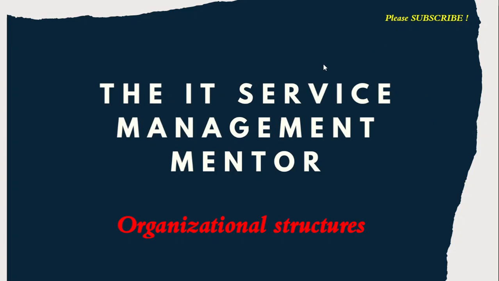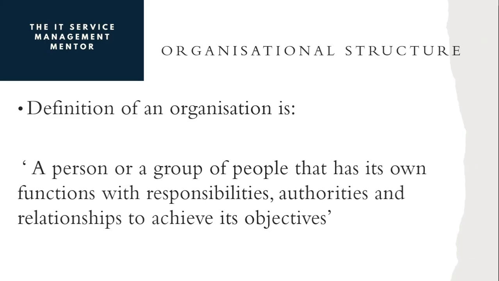Today I'm going to be talking around organisational structures. So an organisational structure is a person or a group of people that has its own function, its own responsibility, its own authority and relationships, all in order to achieve objectives.